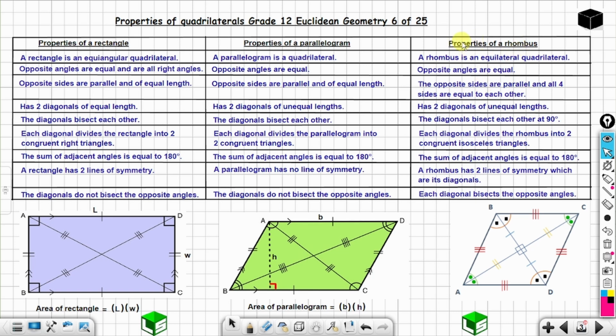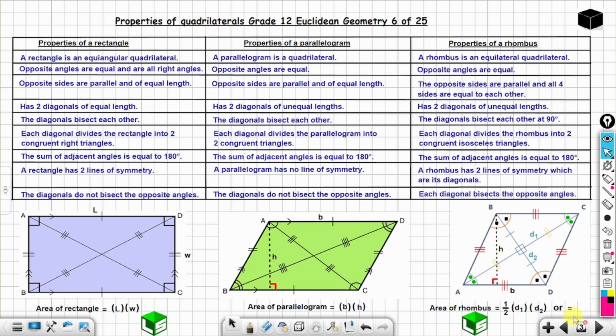And for the area of a rhombus, if we call this diagonal 1, D1, and diagonal 2, D2, the area is going to be 1 over 2 times diagonal 1 times diagonal 2. You can also calculate the area of a rhombus. Let's call this B, and you have your height, which is perpendicular, so the area is going to be B times the height.